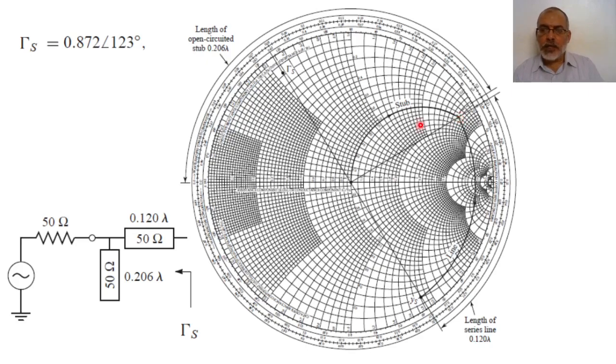Now, at the intersection point here, the input admittance is 1 plus jB. 1 is coming from Z0, and jB is coming from an additional stub. So we are going from here to see what is the value of jB. We will find the value of jB here at this point. This is the arc of jB.